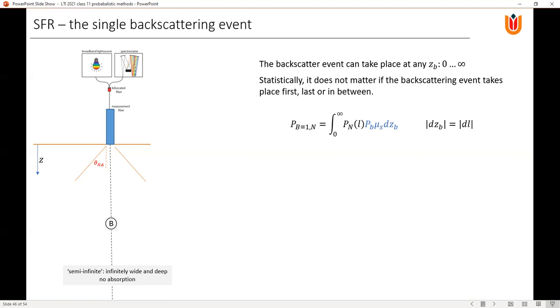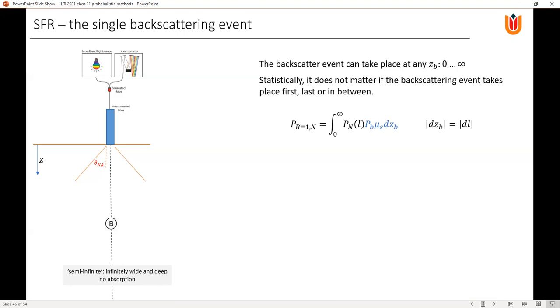So basically we don't need to take that into account in the integration. What we can do is just calculate the probability with 1 backscattering event and any n forward scattering events as the integral of the probability of having n forward scattering events wherever they take place, and then weighted by, or integrated by, the probability of 1 backscattering event.